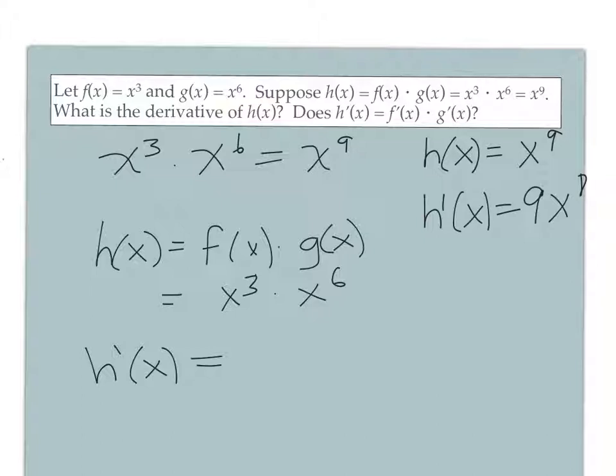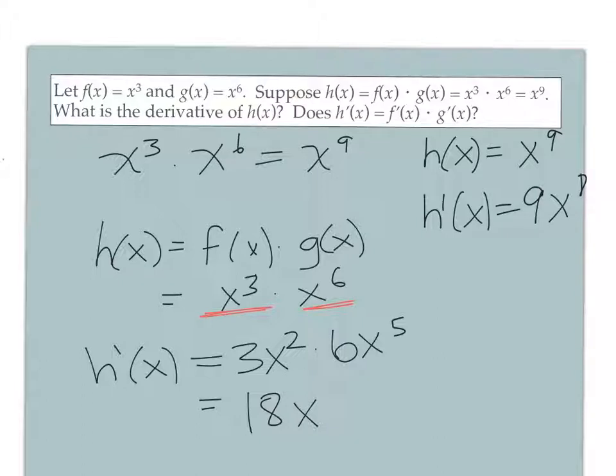So if I took the derivative of x cubed, what would that be? 3x squared. And the derivative of x to the power of 6? 6x to the power of 5. And if I just multiplied those together, will I get the right answer? That'll be 3 times 6 is 18, x to the power of 7. Is that correct? No. So that doesn't work.